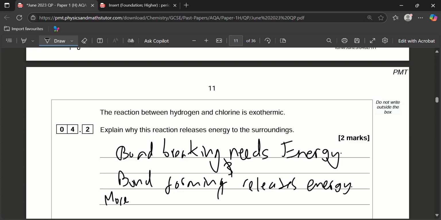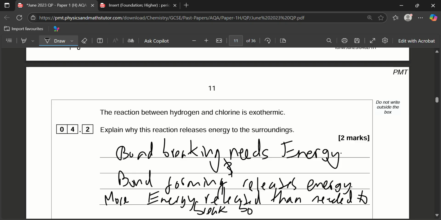So when it considers an exothermic reaction, that essentially means that more energy is released than needed to break the bonds. More energy released than needed to break bonds.